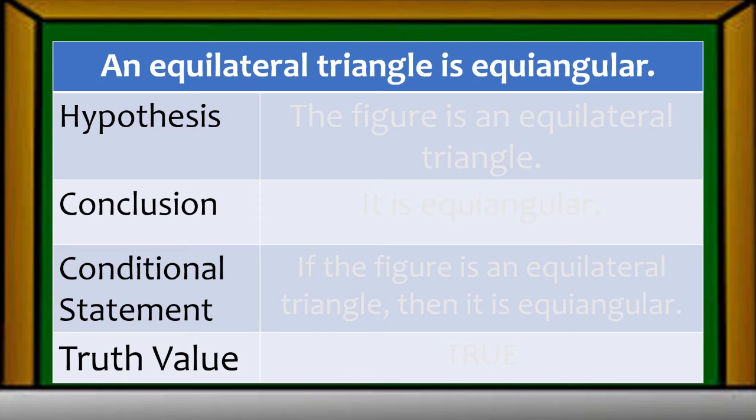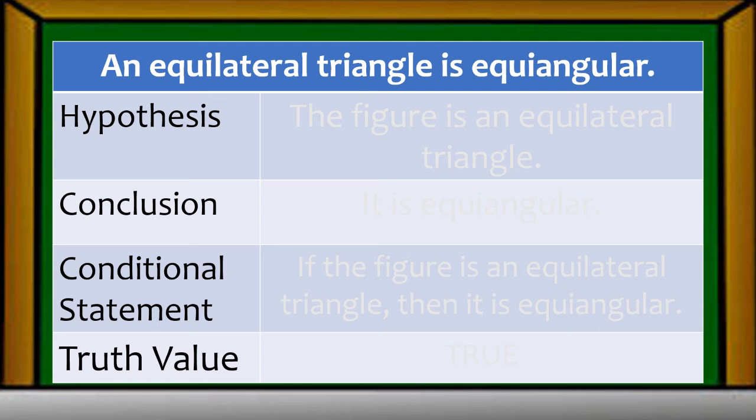Write also the truth value of the statement. Again, change the statement to if-then, or conditional statement. Identify the hypothesis and the conclusion. Write also the truth value of the statement.